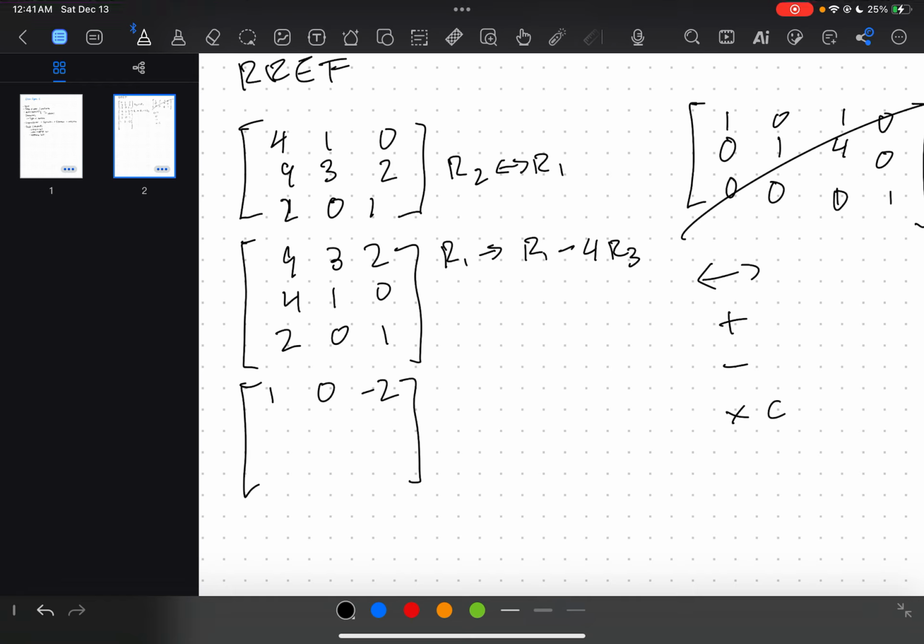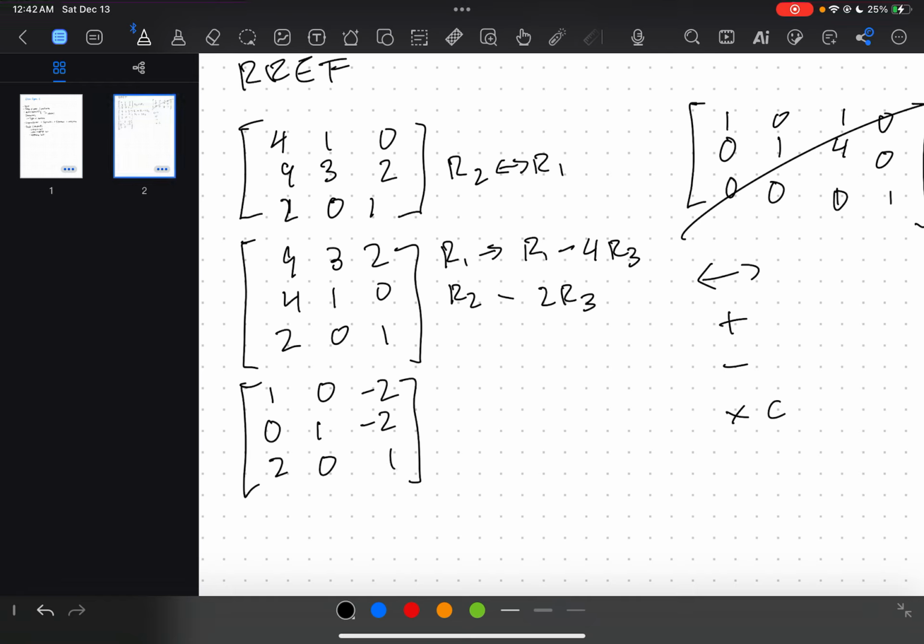Let's do R2 minus 2R3. That means 0, 1, minus 2. And we have 2, 0, 1.